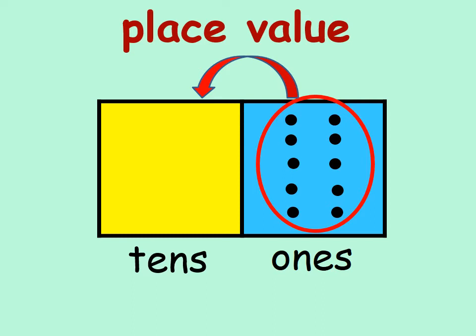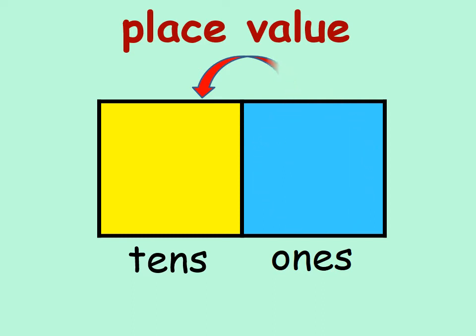That's the value of those. So every symbol we have in the yellow box has a value of 10. So we're going to take those dots and drop them in here. Let's use a square. Now that square is worth 10. That's it. Those 10 dots became the one square.